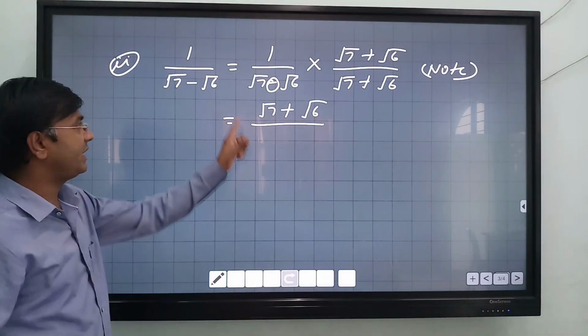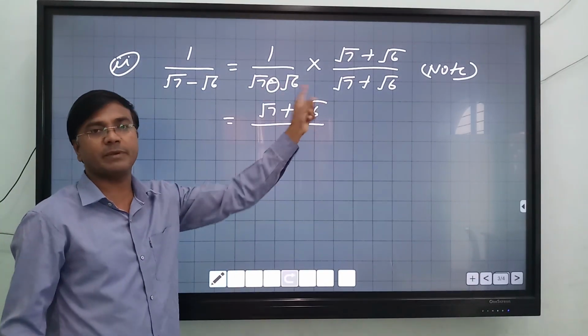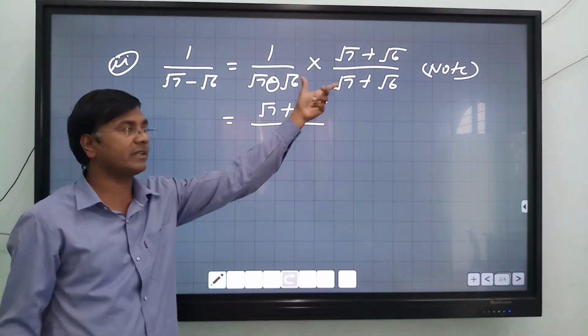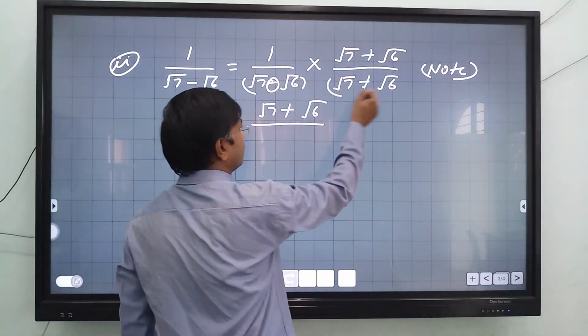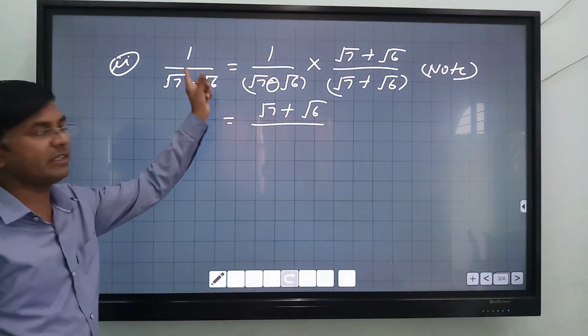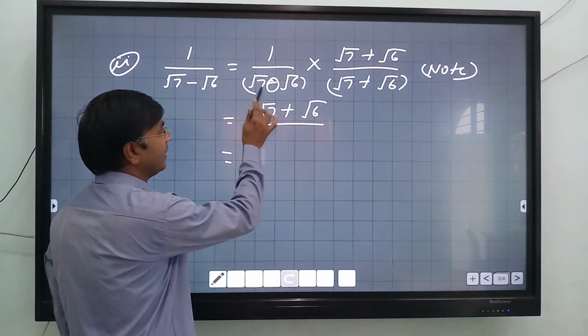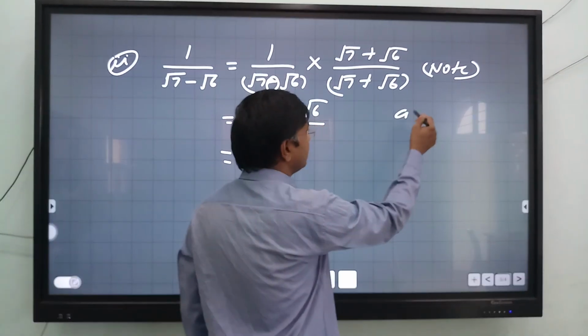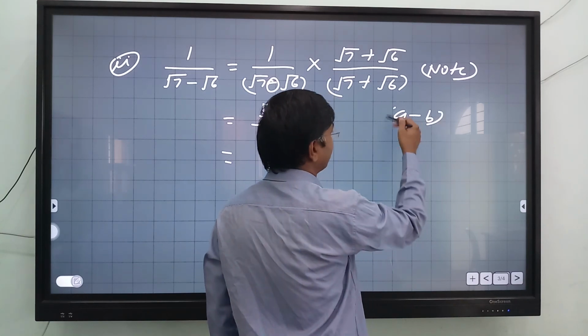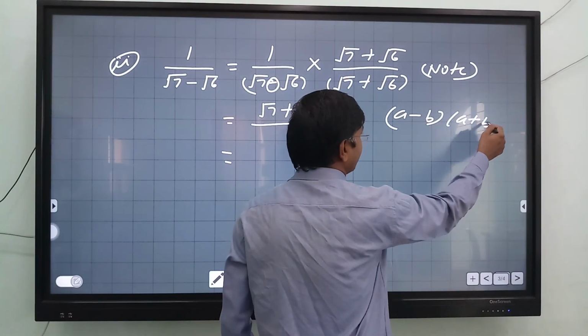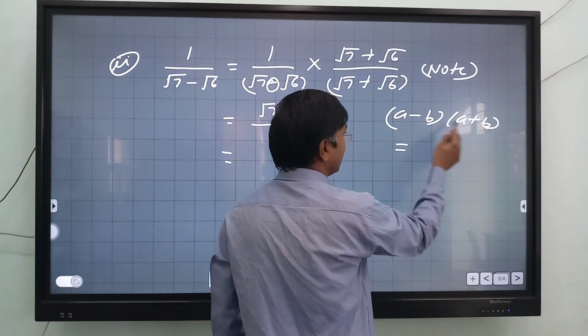Now we can multiply these two brackets, as we have learned in the previous part how to take the product. Or see, a minus b, a plus b. Here clearly is the identity which we have already studied, a minus b times a plus b.